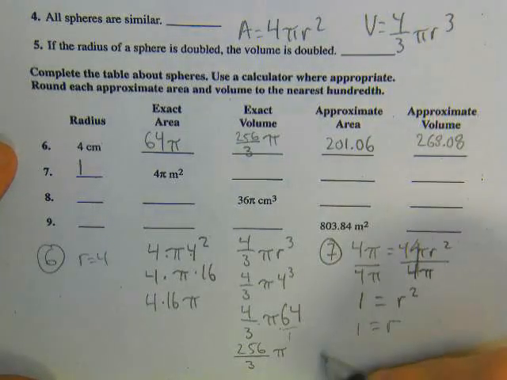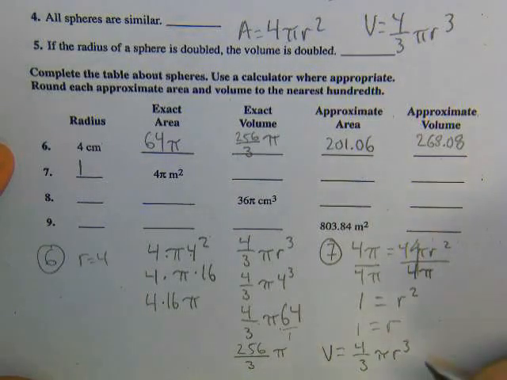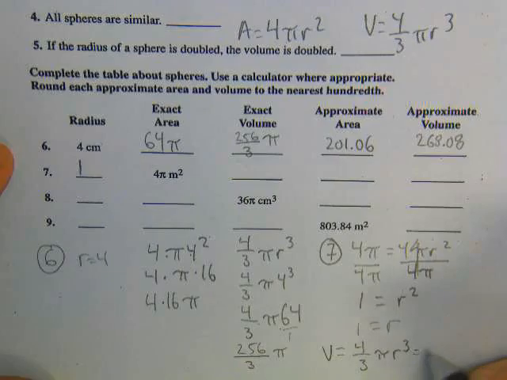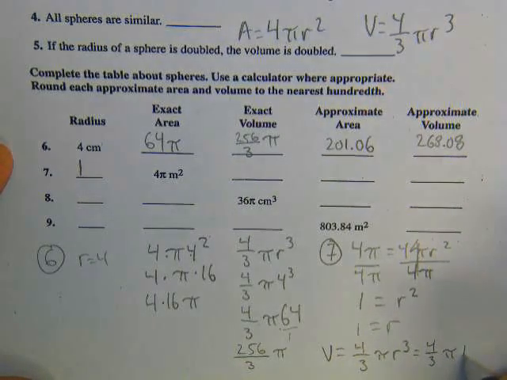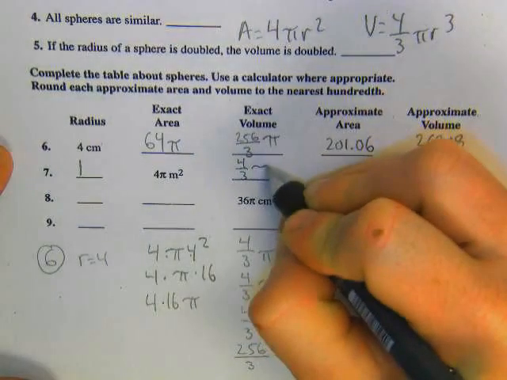So volume exactly is 4/3 pi r cubed. Well, we just said r is 1. So now I've got 4/3 pi times 1 cubed, which is 1. Multiplying anything by 1 doesn't change it, so I'm just going to write that in as the exact volume. 4/3 pi.